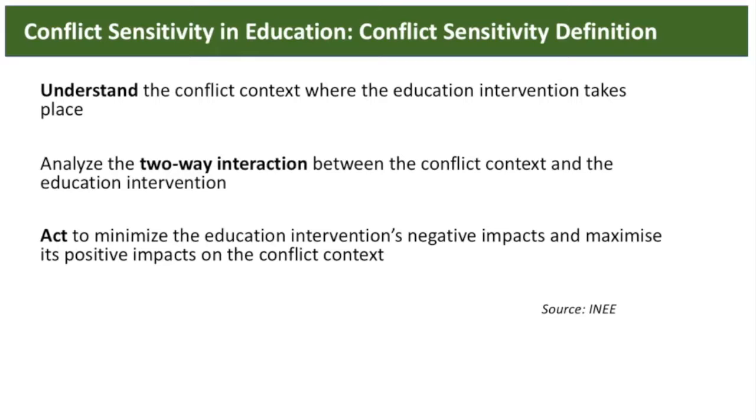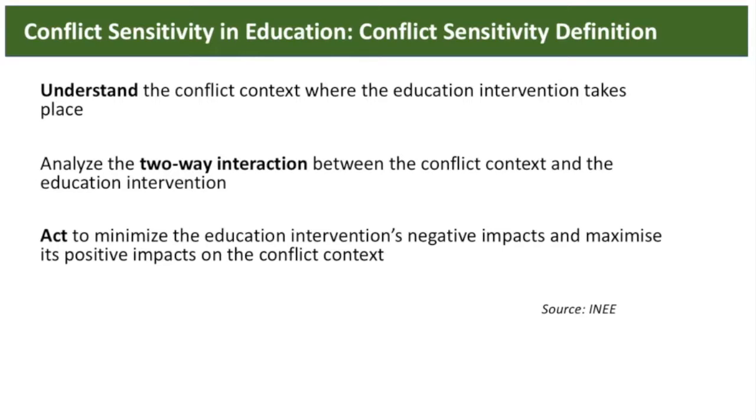Is its delivery system promoting inequitable access by certain identity groups and regions? How is the curriculum teaching history and politics? What is the language of instruction where there might be minority languages prevalent throughout the country, and so forth? Conversely, education can mitigate those conflict factors by promoting inclusion, becoming equitably accessible, being more non-discriminatory, and so forth.